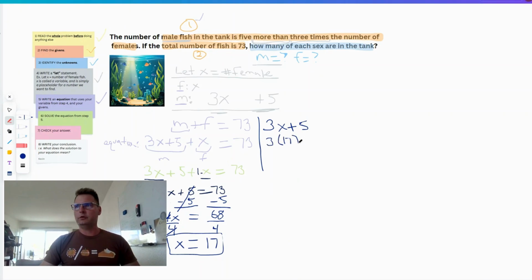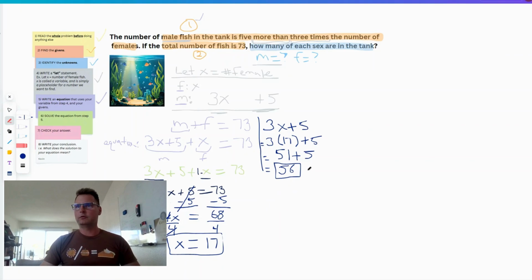So we already know x, so all we have to do is plug in. x is 17, so we have 3 times 17 plus 5. What is 3 times 17? Again, check my math, but I'm getting 51. 51 plus 5 equals 56. And what is this number 56?